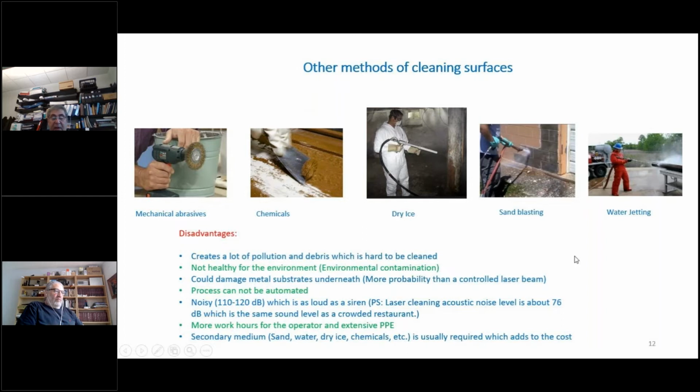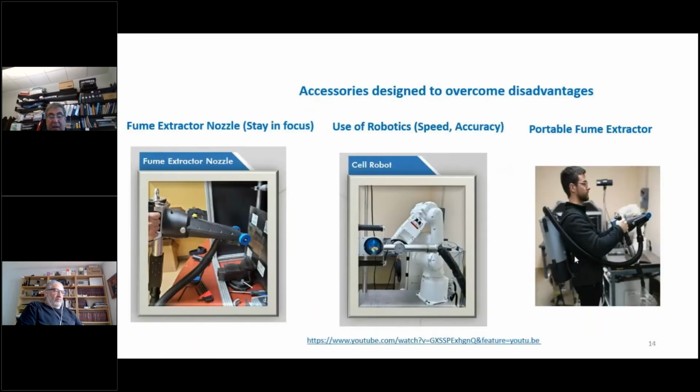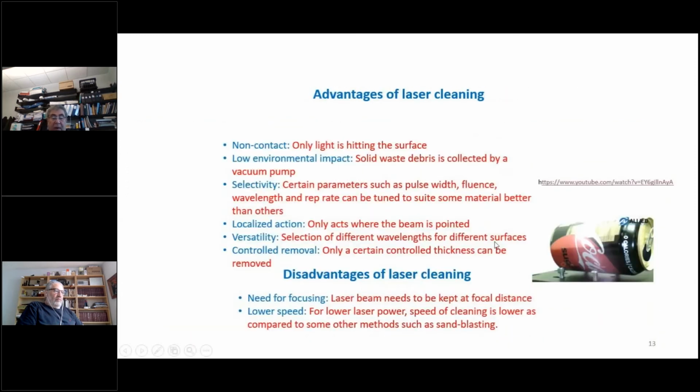But for laser cleaning, you need to be exactly at the focal length of the laser cleaner. The lens has maybe 15 centimeter, 25 centimeter, 30 centimeter, 40 centimeter. You need to be exactly at that distance so that the laser cleaning works.